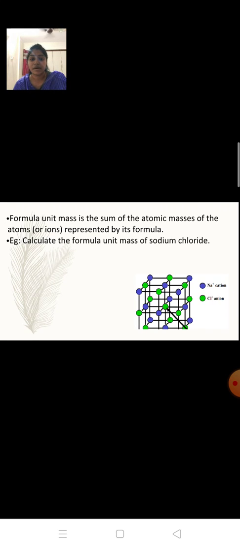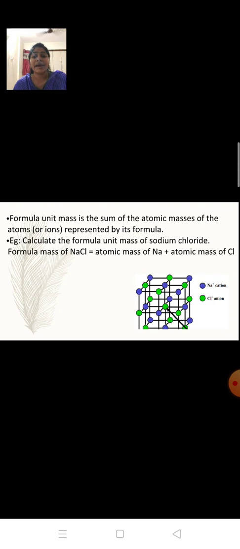Let us see an example of how to calculate the formula unit mass of sodium chloride. To find the formula unit mass, we should know the atomic mass of the atoms and the formula of the compound. For sodium chloride, the formula is NaCl. So the formula mass of sodium chloride is equal to the sum of atomic masses.